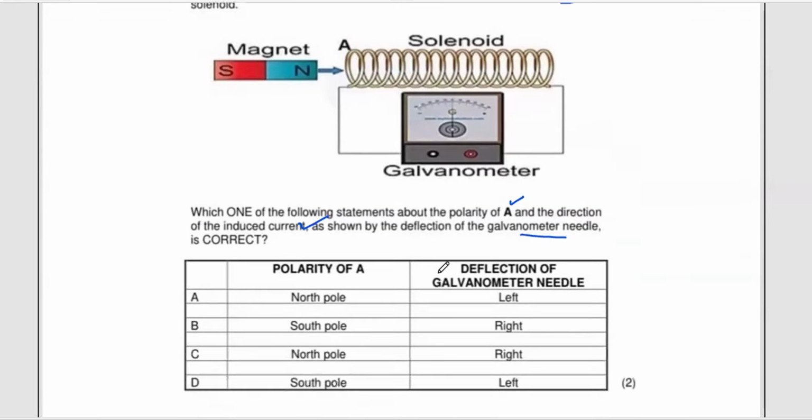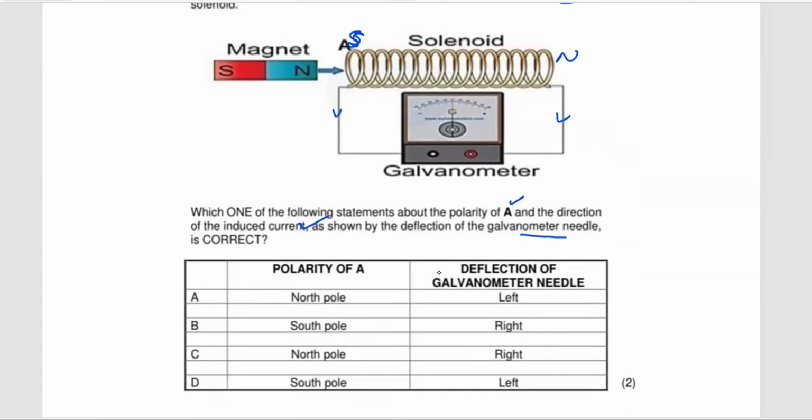If the north pole is being moved closer to A, the south pole will be created at point A. Now, if this is the south, automatically this end will be the north. And we know that the current will be flowing from the north towards the south. Why am I putting this arrow here? We're saying the current will be flowing from the north towards the south.